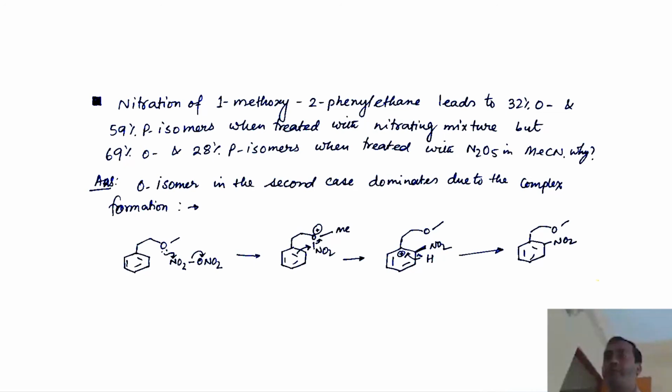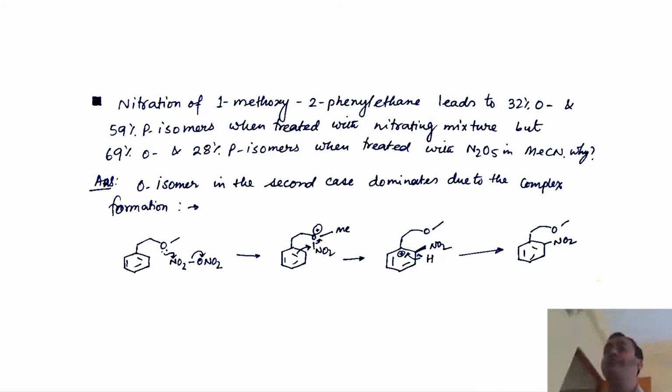Sir, so after that oxygen coordinates with NO2, that ONO2 part, it leaves the system. Yeah. So this ONO2 now becomes the electrophile, and this is proximally available at the ortho position. Right?